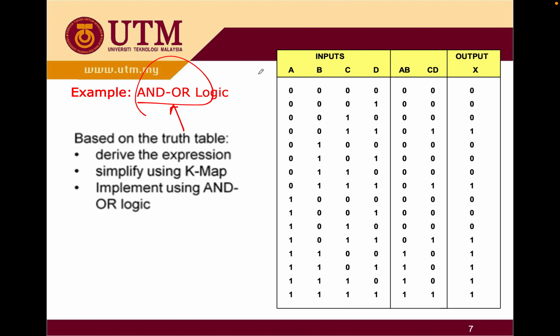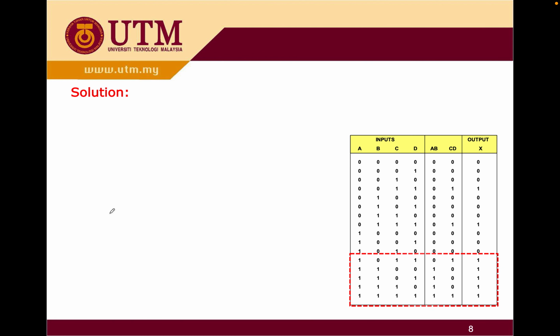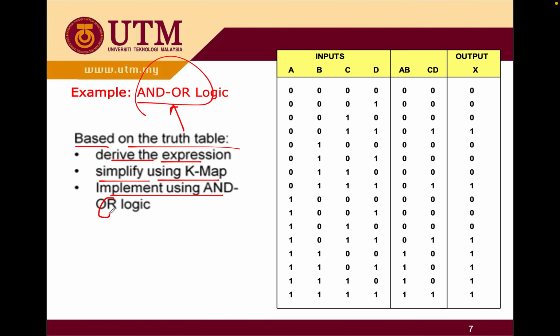In this example, you were given, based on the truth table, please derive the expression, simplify using the K-map, and implement using AND-OR logic, which means that you need to draw. So the solution is, you can see here, there is the input and output of 1.